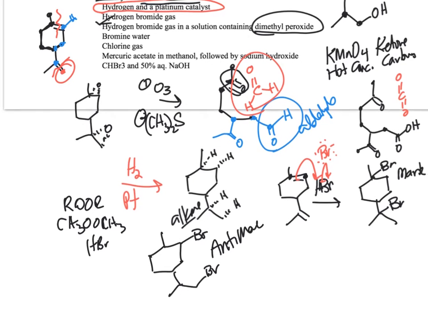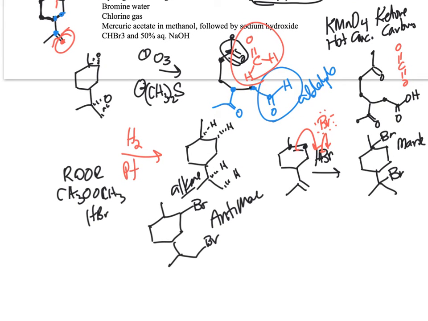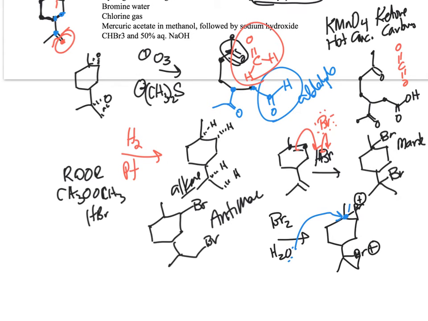Bromine water. Bromine and water, that means water is your nucleophile. So the best way to do these is to draw your three-membered ring, your bromonium, and then your water nucleophile is going to add to the more hindered, the more substituted.